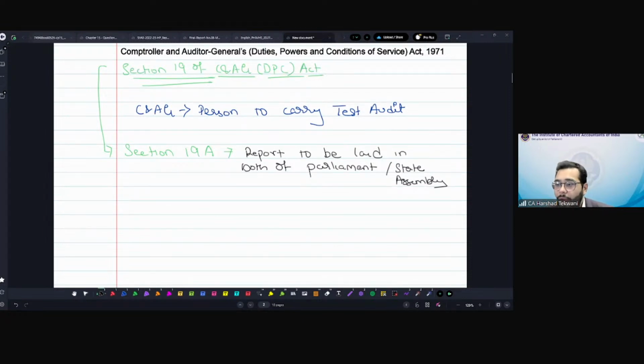Okay. Now, how many of you have seen the reports being laid in the house of the parliament? Anyone? Have you ever seen the reports being laid before the house of the parliament or any house, anything like that?